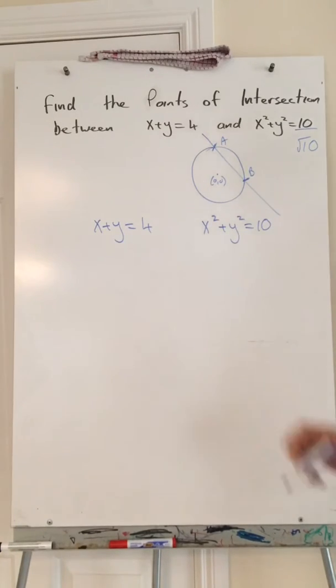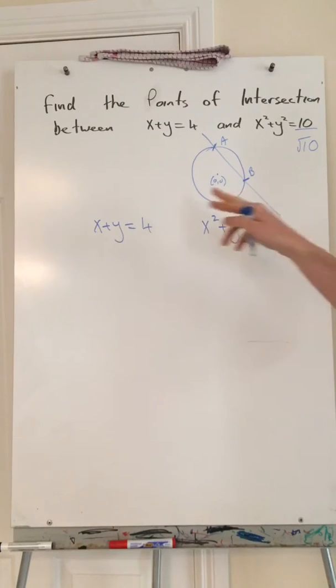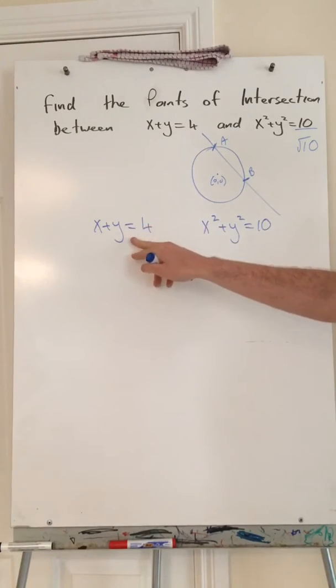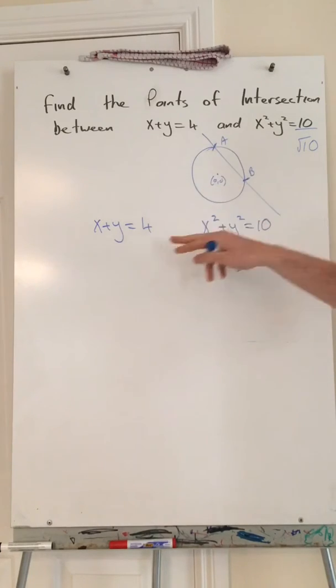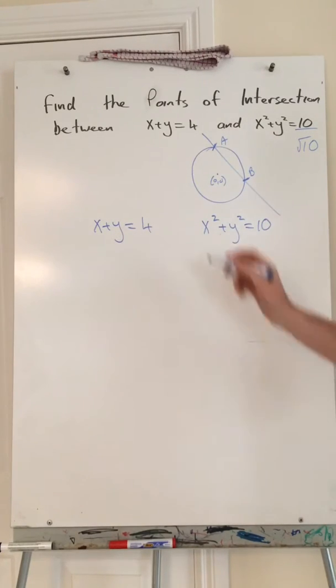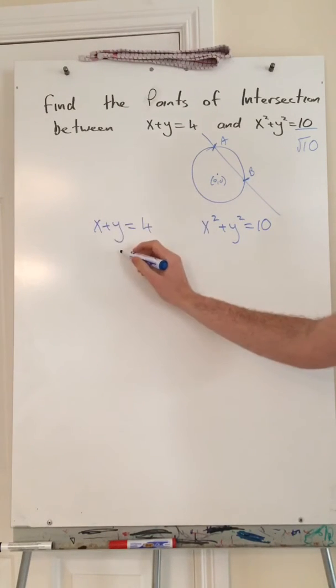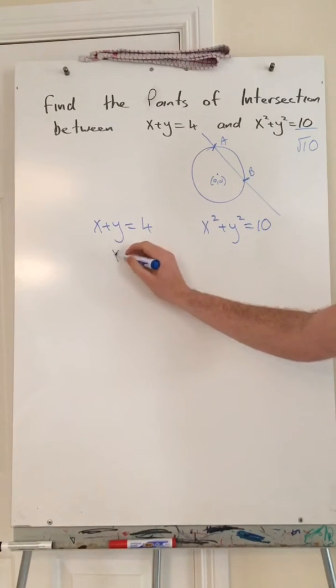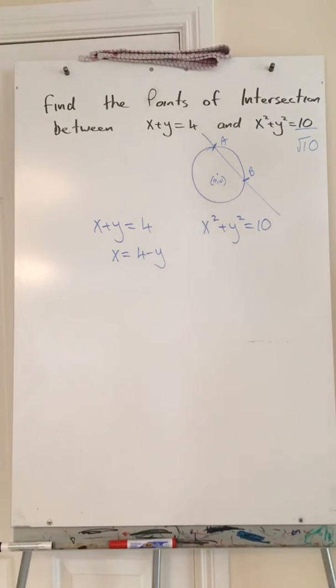I'm going to do this very quickly because we did this in 5th year. This is simultaneous equations, one linear, that's a line, and one non-linear because it's a circle. To go over it quickly, you take the linear one and rearrange it to get x is equal to 4 minus y. Then you put that in for x here.